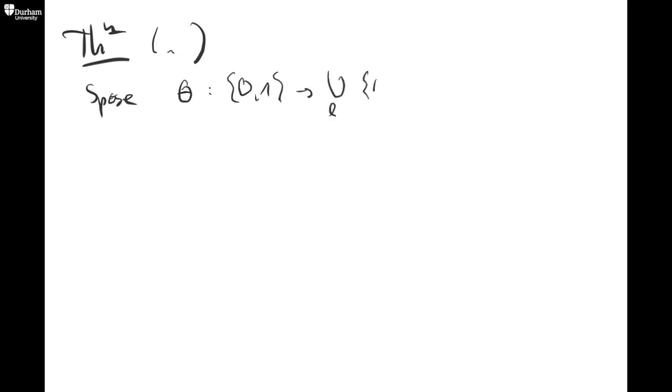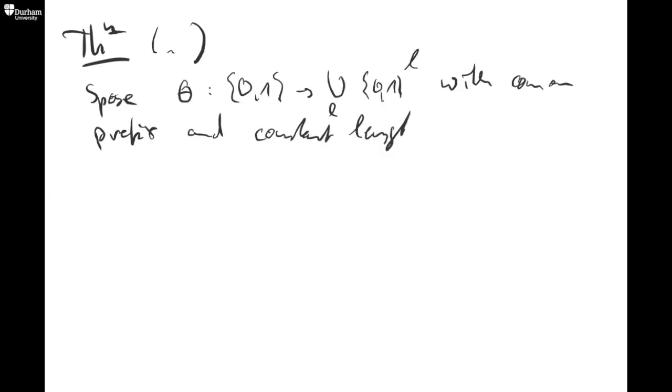here is the last theorem. This is again with Mike. So suppose we are given a substitution with a common prefix and of constant length. Those were the kind of substitutions, for example, like this one, the period doubling.